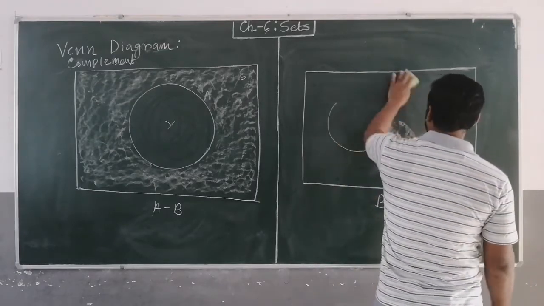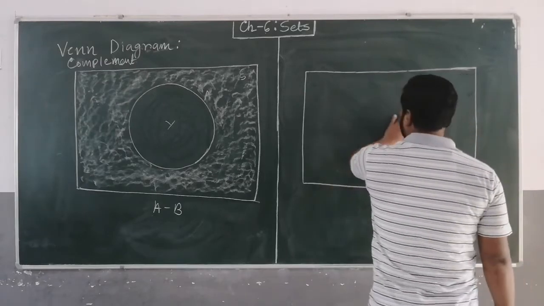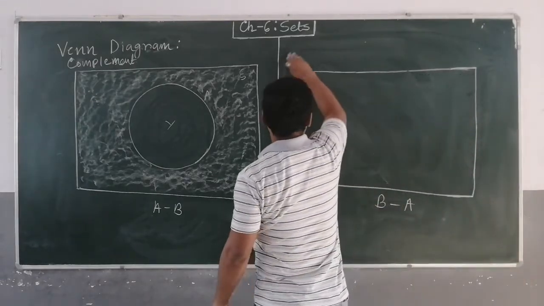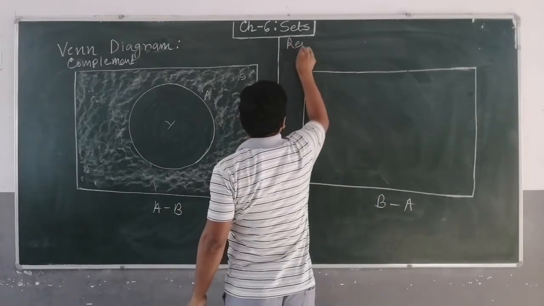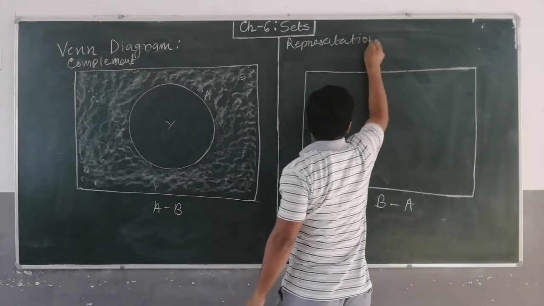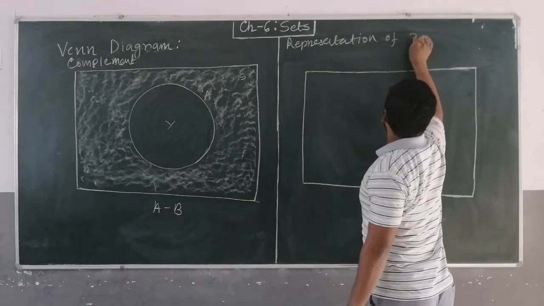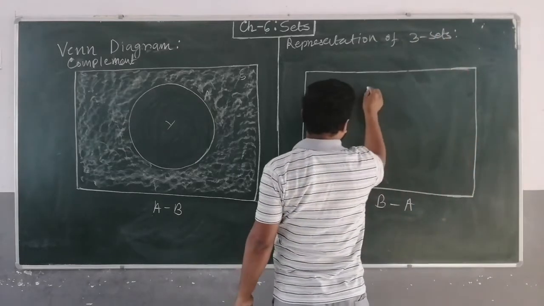So for two sets we have represented and shown the operations. If there are three sets, so representation of three sets. Suppose three sets are there.